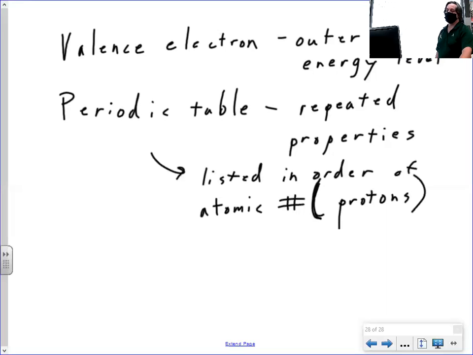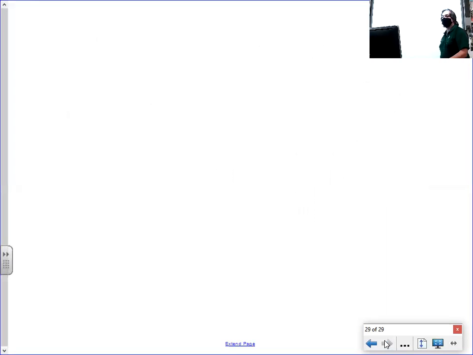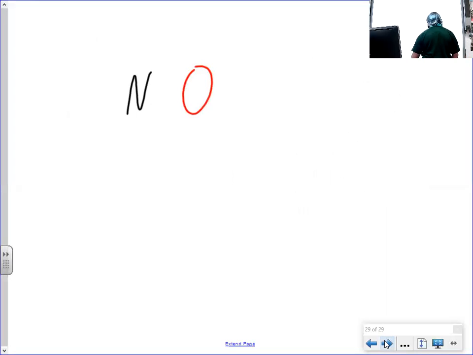All right, so I have 2 questions that have to do with ranking things from largest to smallest in order of their atomic radius, in order of their electronegativity, and in order of their ionization energy. So let's do an example of that. I'm going to give you 4 things: nitrogen, oxygen, phosphorus, sulfur.